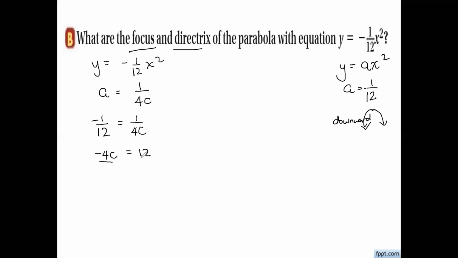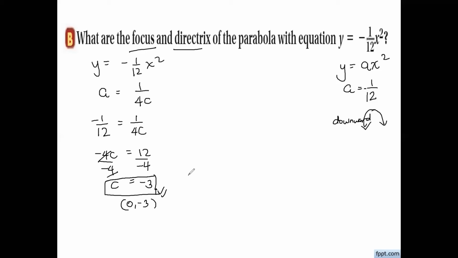To solve for c, we divide both sides by negative 4. So c is equal to negative 3, because 12 divided by negative 4 is negative 3. So our focus is (0, negative 3).